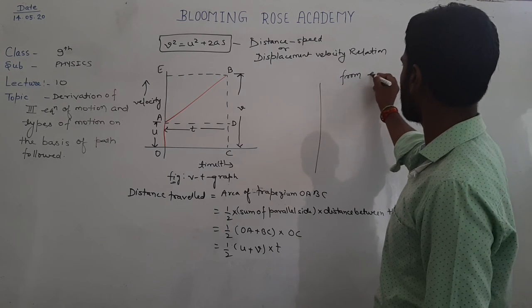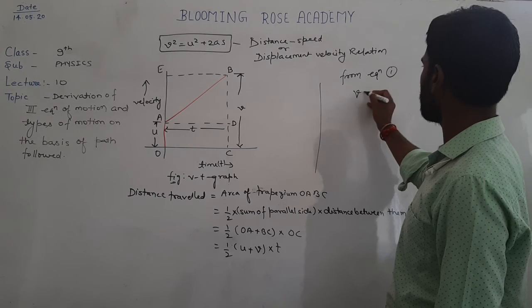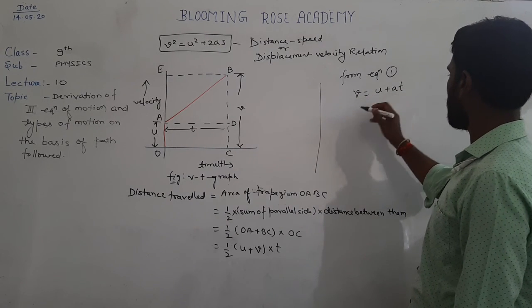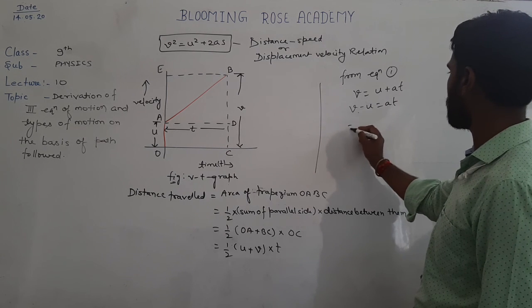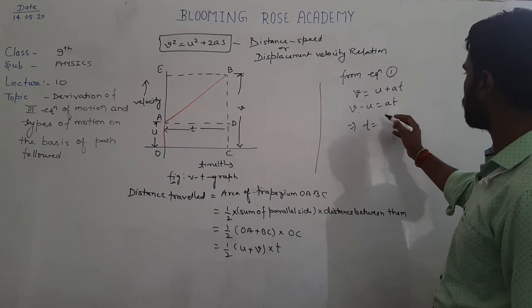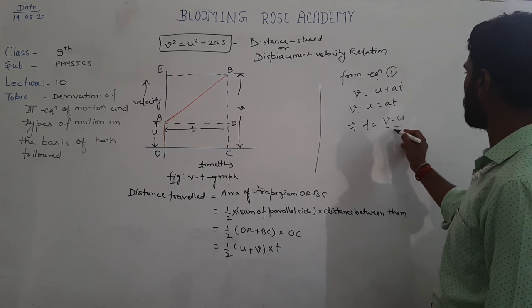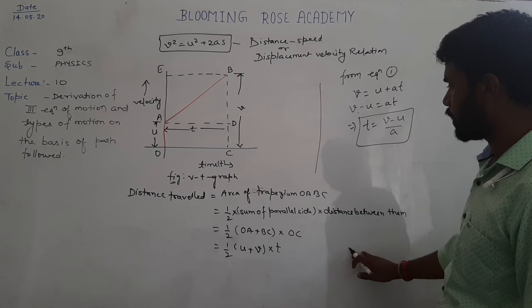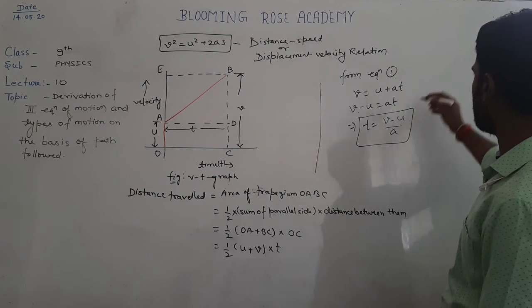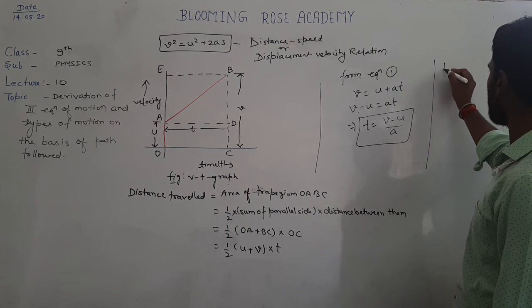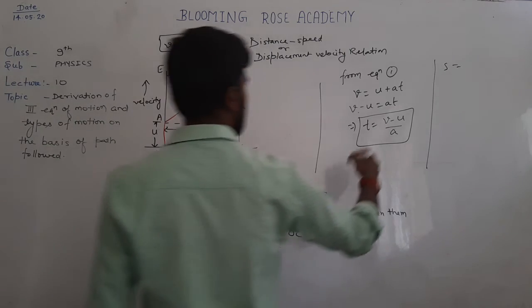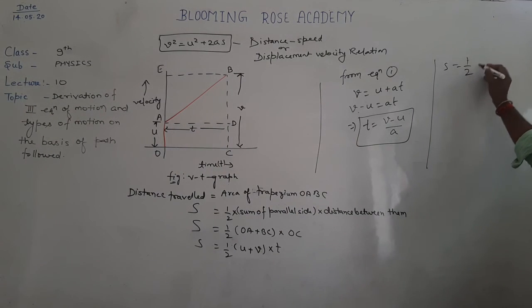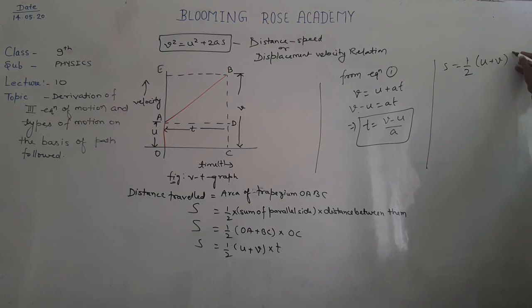From equation first, v is equal to u plus at, or v minus u is equal to at, and from this t is equal to v minus u upon a. On putting the value of t in here, we get s, the distance traveled, equals 1/2 (u plus v) multiplied by (v minus u) upon a.